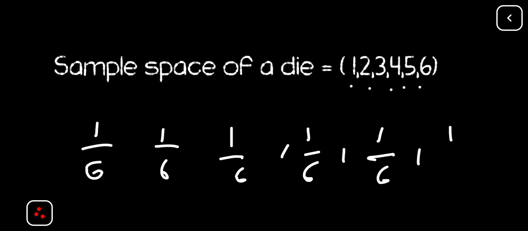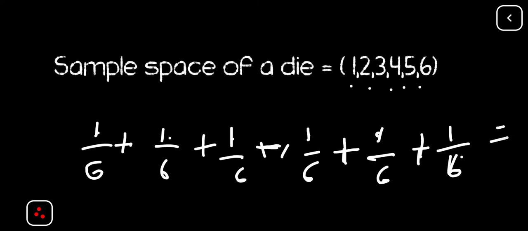And 6 also 1 over 6. Right? Now, the sum of all these individual probabilities will also amount to 1. If you check it out, you see that this is 1, 2, 3, 4, 5, 6, all over the same denominator, 6. This will amount to 1.